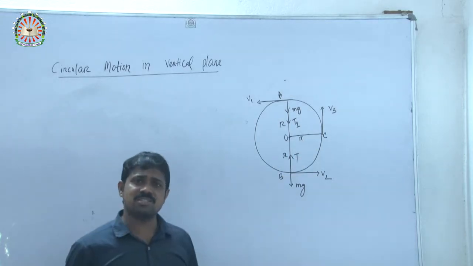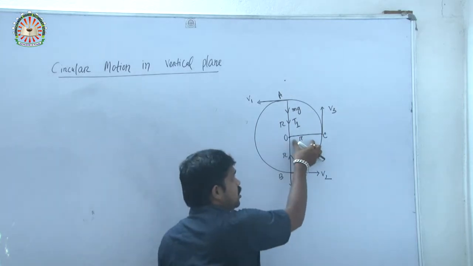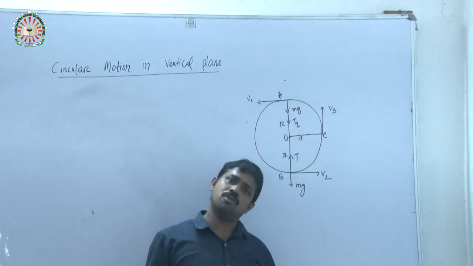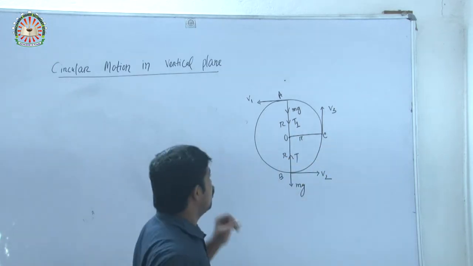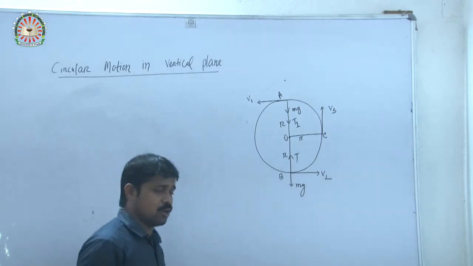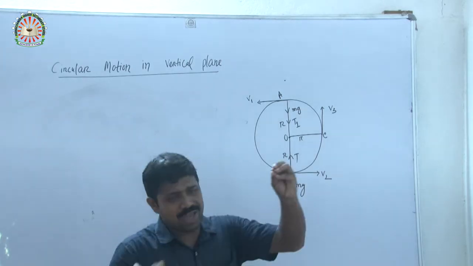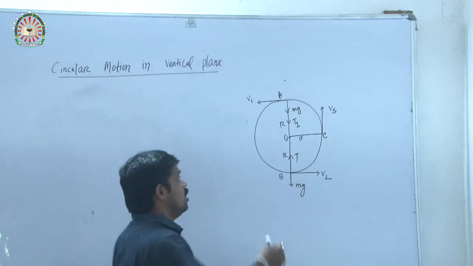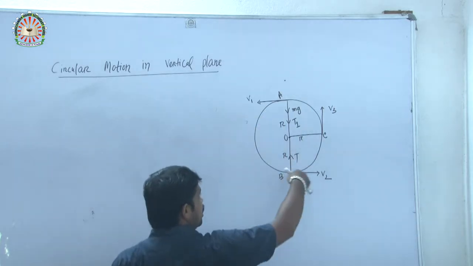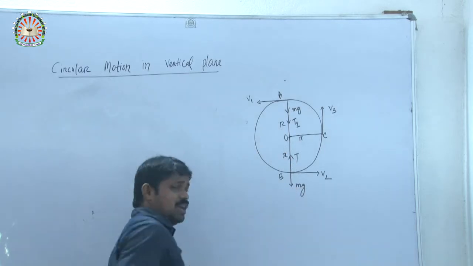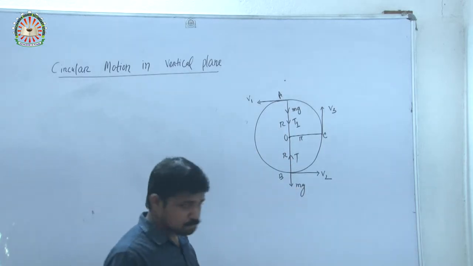So if it is inextensible, then the length of the string always remains fixed. Clear all of you? Okay, so now let us take an object having mass M, which is attached to an inextensible string and which is moving in a circular path in a vertical plane.